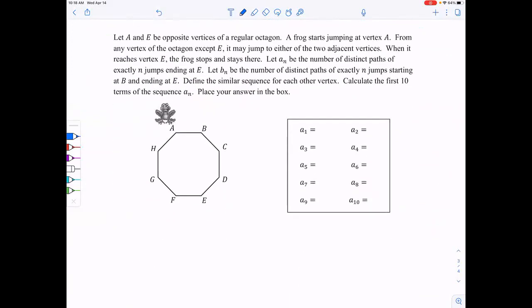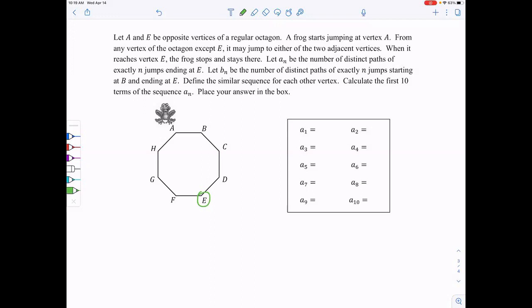Okay, so our next problem that we're going to discuss is the frog on the octagon problem. So a frog starts jumping from vertex A, and from any vertex on the octagon, it will keep jumping except for vertex E. So once it gets to vertex E, it's stuck there, it stays there, it stops jumping around.